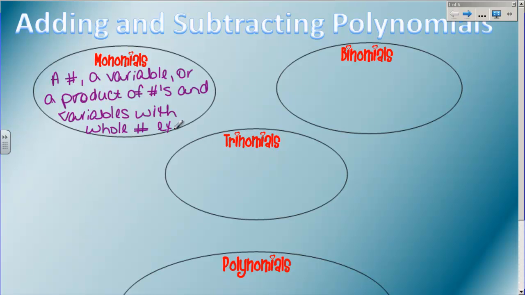We haven't talked about exponents that aren't whole numbers, but that is part of the definition, so we had to make sure that it was in there.